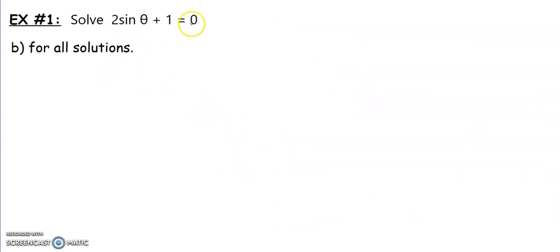What if I wanted to show all the solutions of theta? Remember, we're on a circle. So our first answer was at 210 degrees, and our second answer was at 330 degrees. Well, we can take this 210 degrees and add a complete rotation of our circle to it. So we can take 210 and add another 360 degrees.